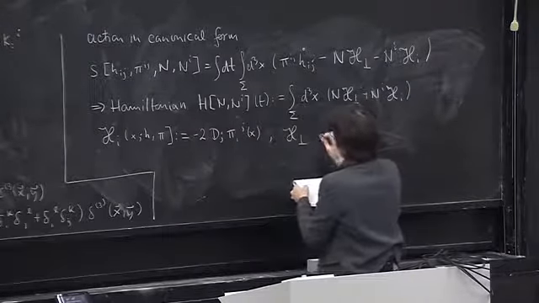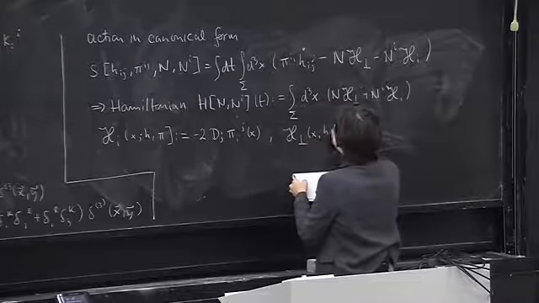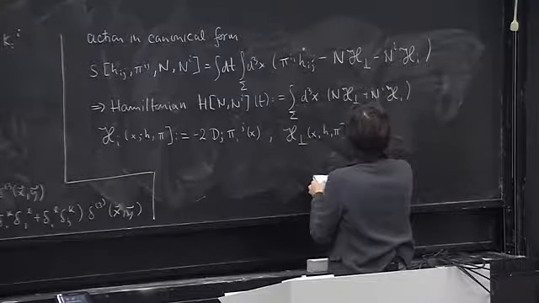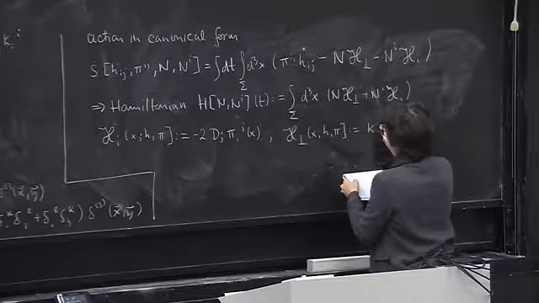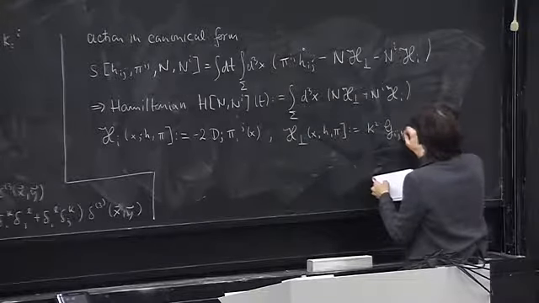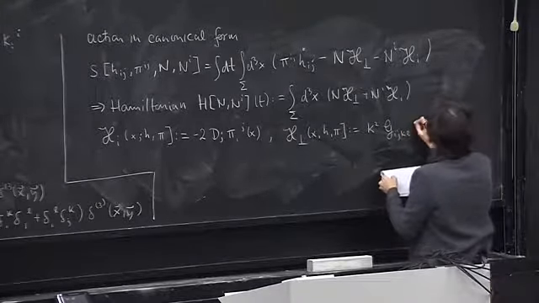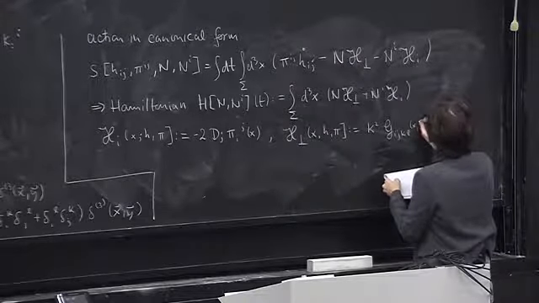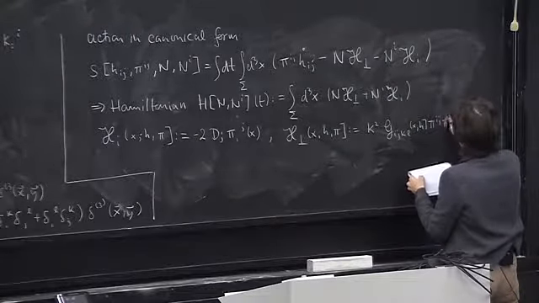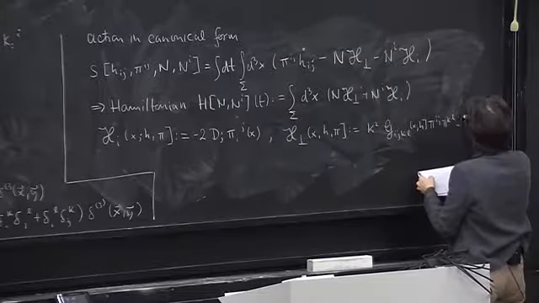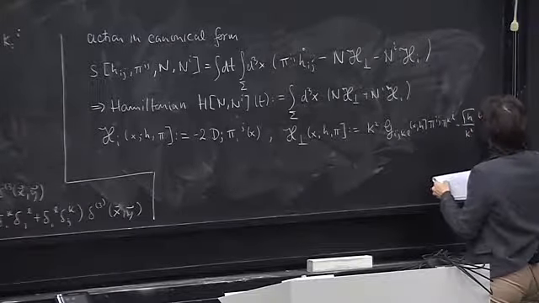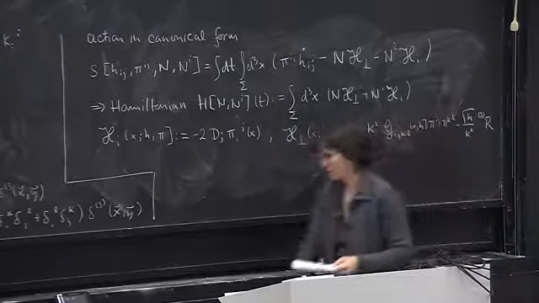H perp of x, h, and π is, by definition, κ² G_ijkl, this I define also for you in a second, that also depends on x and h, as it turns out, π^ij π^kl, minus the square root of the determinant of the spatial metric divided by κ² times the three-dimensional Ricci scalar.